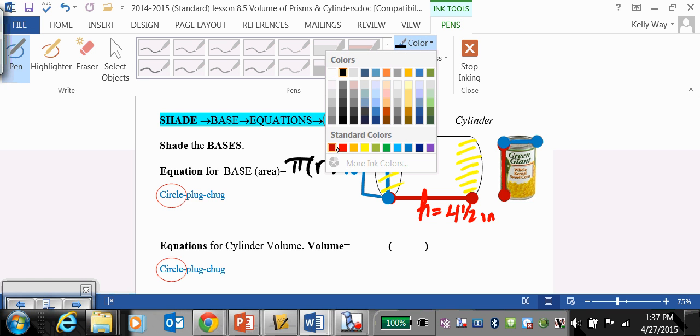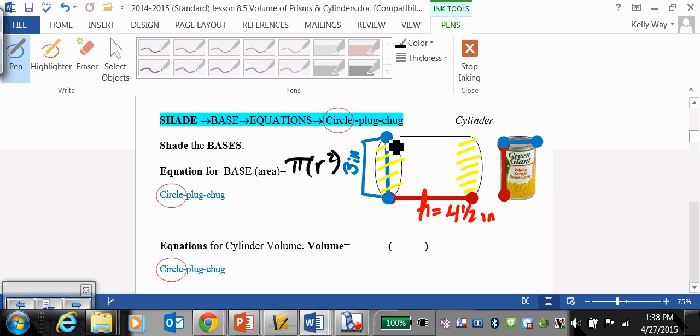Now, we come over here. Physically trace your radius. It is not 3. What is it? Out loud. Yes, it's 1.5 squared times pi. Get out your calculators. Do 1.5 times 1.5, please, quickly.